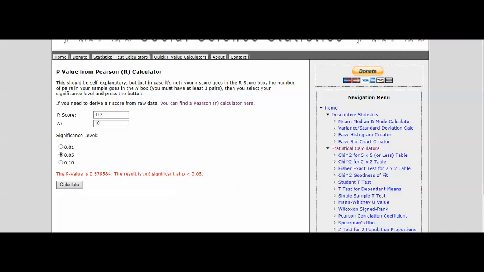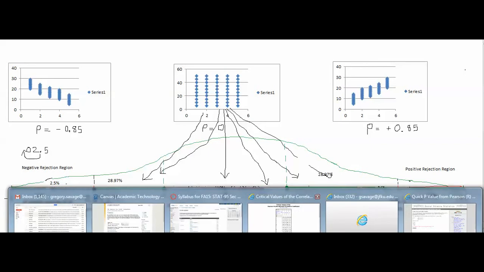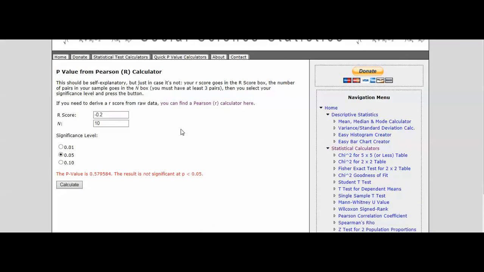Now, what about the critical values that we used? What about the 0.632 and the negative 0.632? I found out that those had p-values of 0.05 because to get these two p-values, we added this probability and this other probability. 0.632.